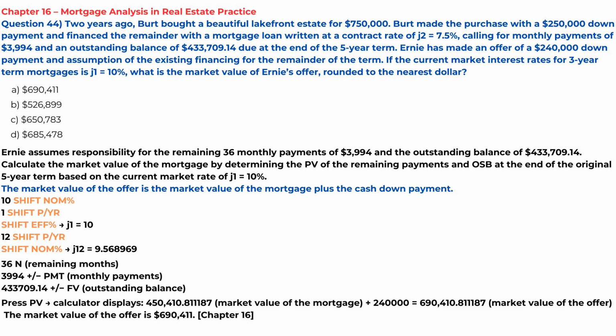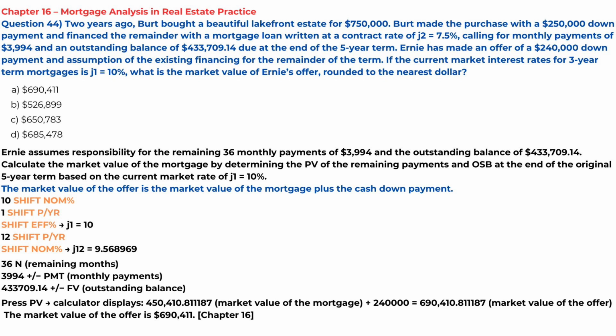Ernie has made an offer of a $240,000 down payment and assumption of the existing financing for the remainder of the term. If the current market interest rates for 3-year term mortgages is J1 equals 10%, what is the market value of Ernie's offer, rounded to the nearest dollar?